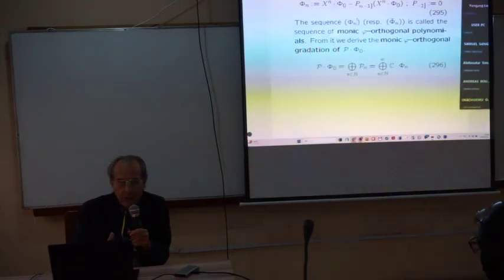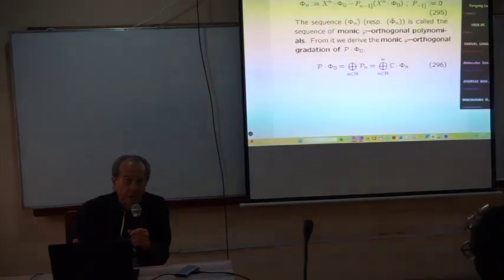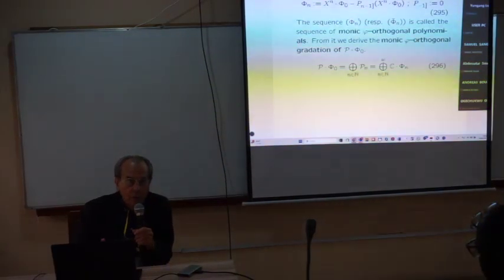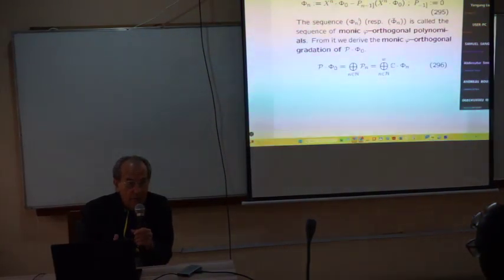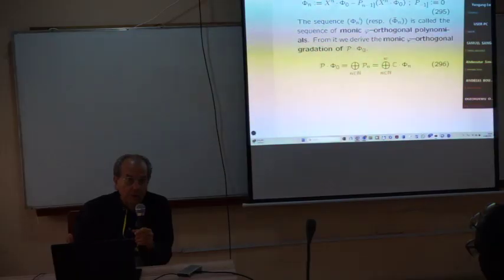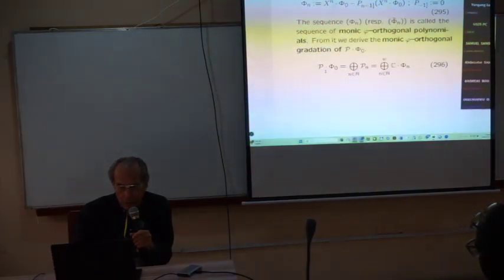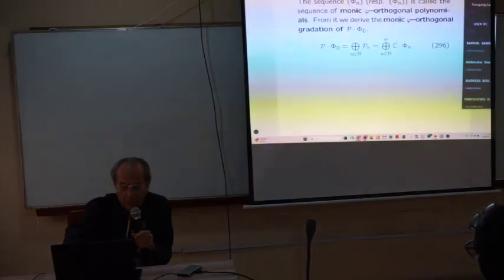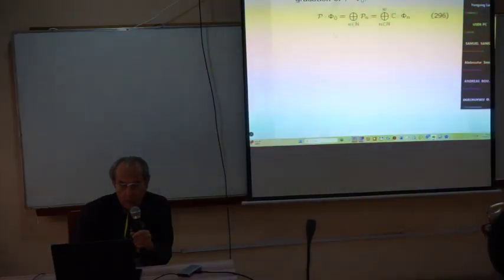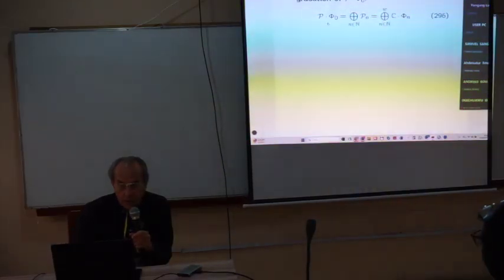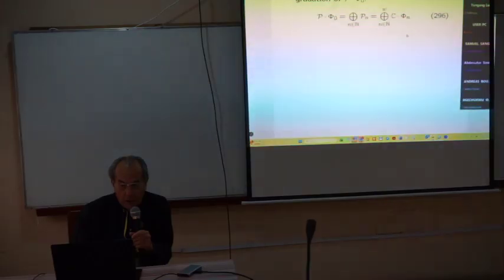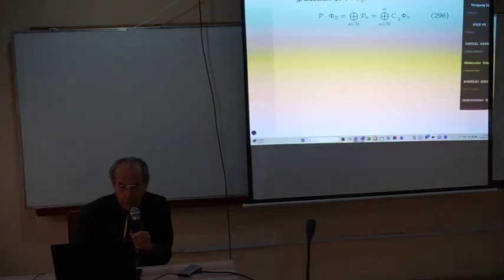So either we say associated to the probability measure mu, or we say associated to the random variable whose distribution is mu. So this is called the monic orthogonal gradation, because the Phi n are the monic polynomials.